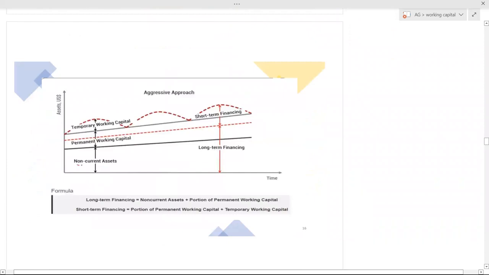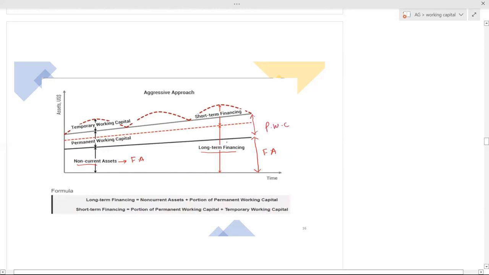So this is non-current assets. Non-current assets mean fixed assets. Okay, so fixed assets, this you are buying through long-term funds. Okay, so from here to here is permanent working capital.